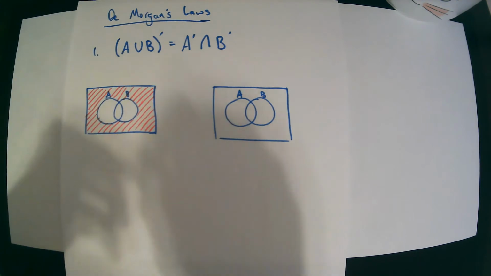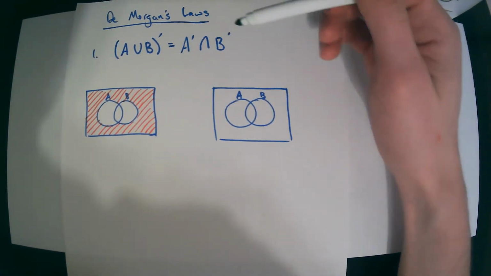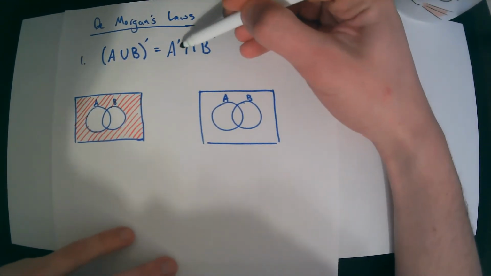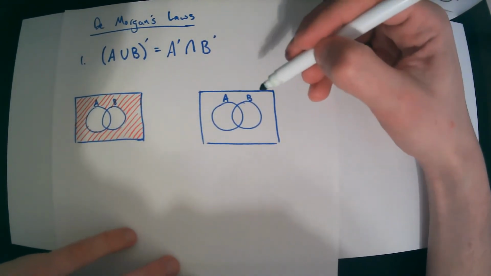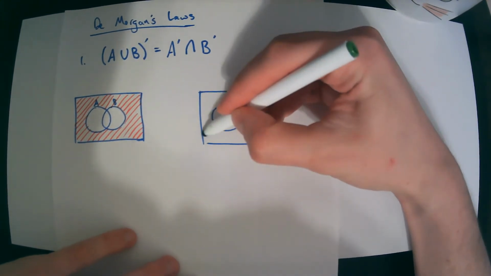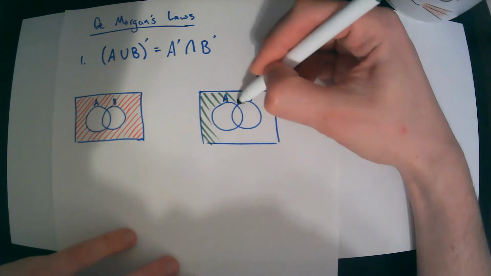Because this side's a little bit more complicated, I'm going to do it in steps. First, let me color in the complement of A. Remember that the complement of A is everything inside this box, but not the stuff in A. So I'm going to color in the entire box except for that A circle.